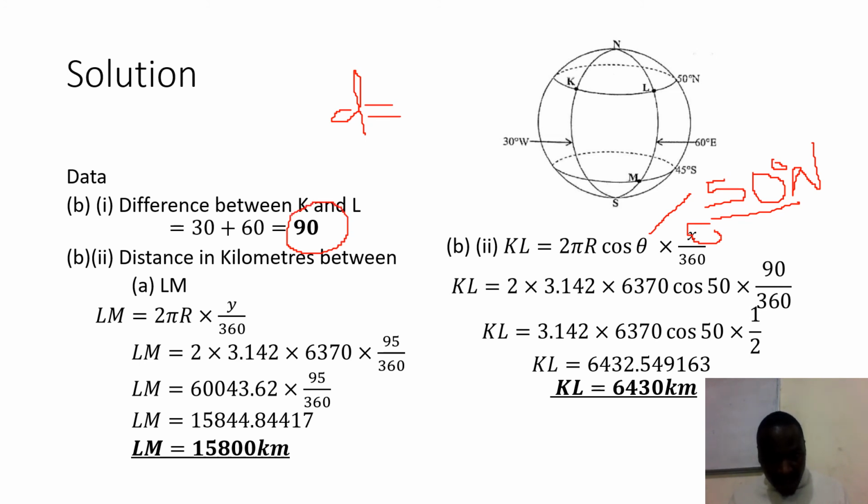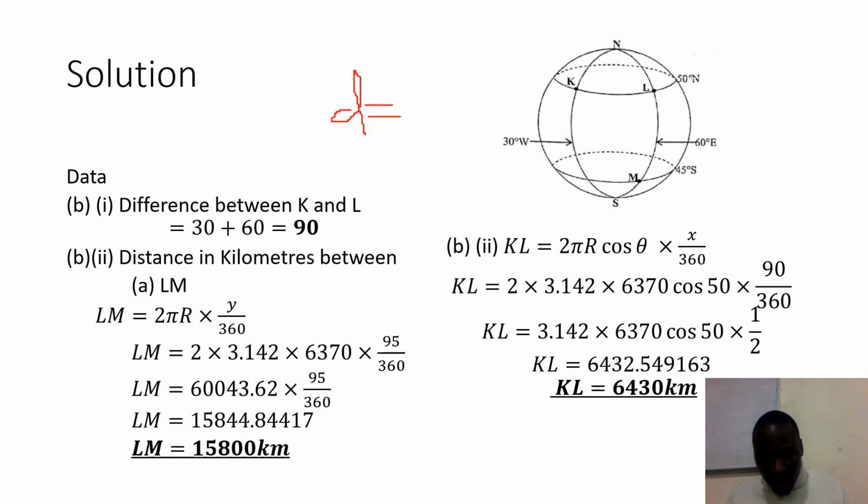With these values in place, we can now go ahead and calculate the distance KL, which will be calculated by the substitution 2 times 3.142 times 6370 cos 50 degrees, the latitude, times 90 over 360.